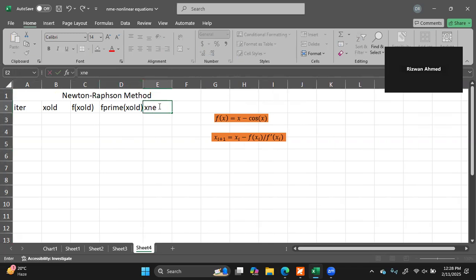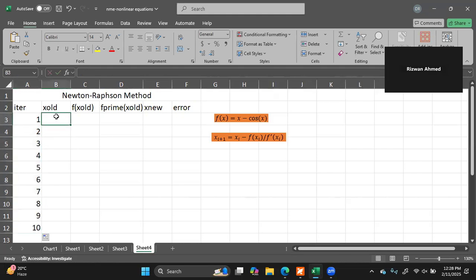Then a new value will be computed. And to see the convergence of the method, I will compute the error. So a simple straightforward algorithm. We'll start from the first iteration and the second iteration, because in these cells, we are going to do the calculations.